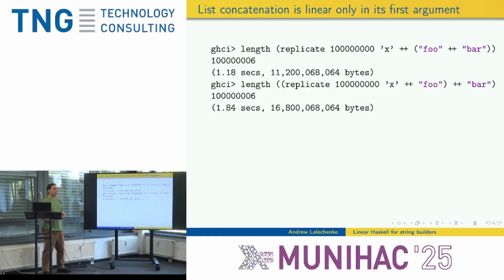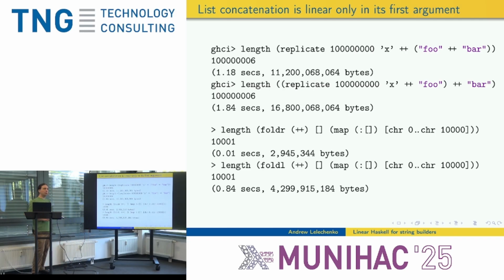And you don't have to believe me, we can just test it. I am concatenating 3 strings. I admit that 2 of them are not particularly long, but let's just imagine that they are. We can see that the order of association makes a huge impact on both time and allocations.